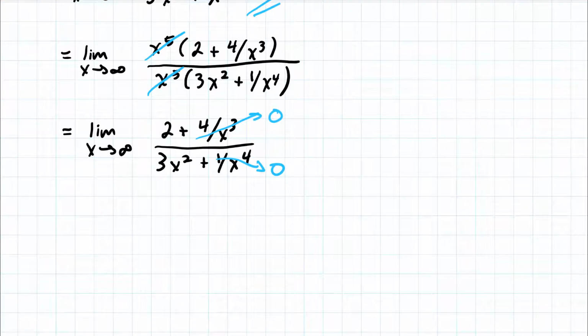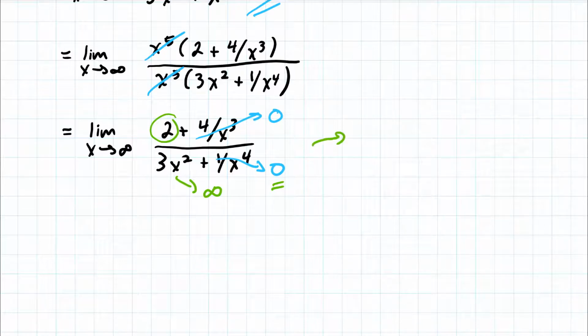However, this term on the top is just staying at 2, but the x squared is heading off to infinity. And if you add the 0 to it, the whole bottom is heading off to infinity.